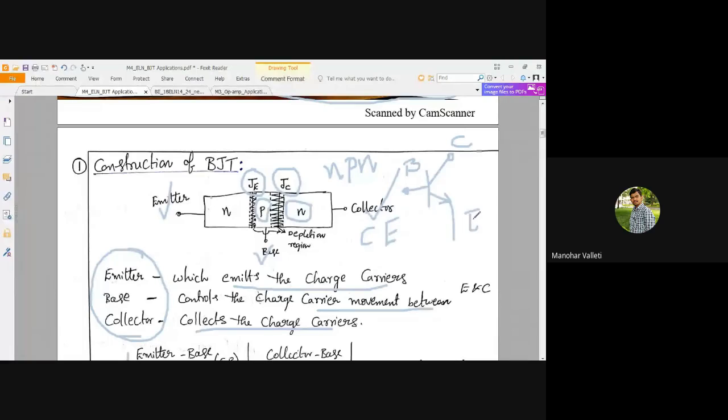The emitter is common between input and output, whereas the collector is used to take the output, and at the base we will apply the input.